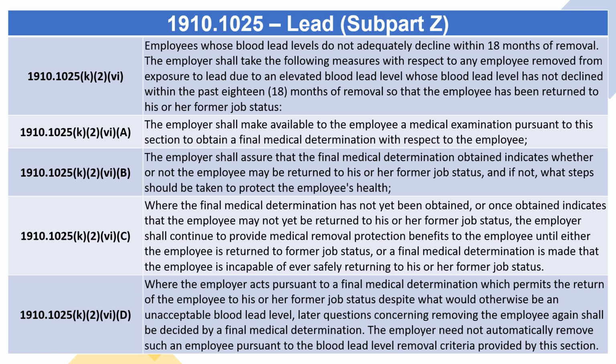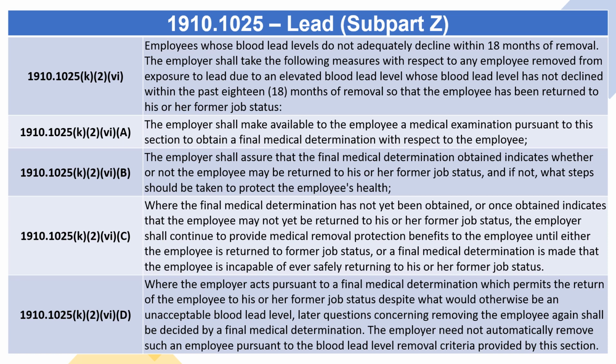Where the final medical determination has not yet been obtained, or once obtained indicates that the employee may not yet be returned to his or her former job status, the employer shall continue to provide medical removal protection benefits to the employee until either the employee is returned to former job status, or a final medical determination is made that the employee is incapable of ever safely returning to his or her former job status.